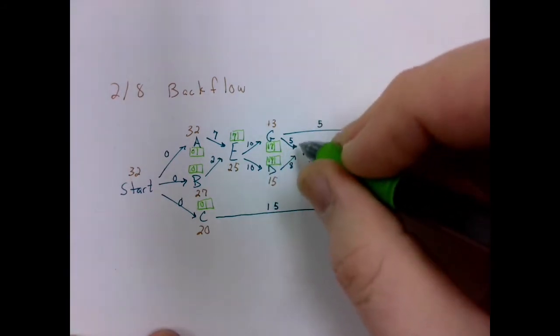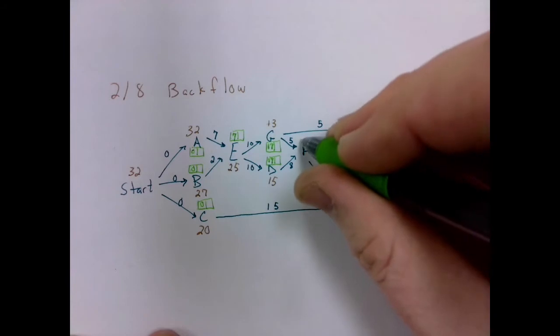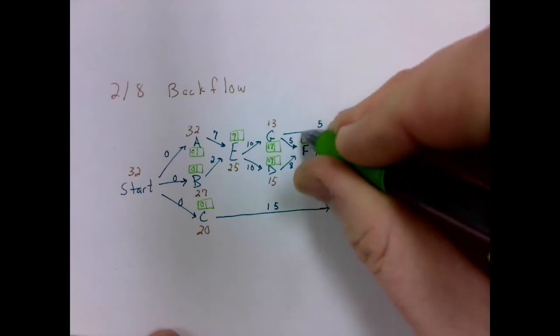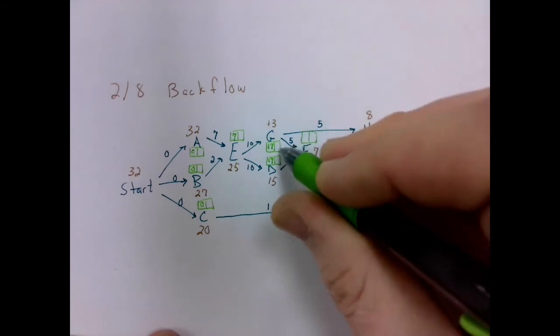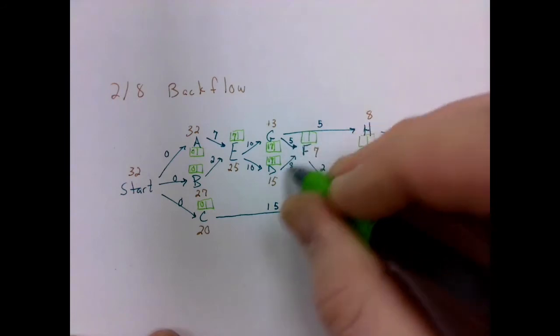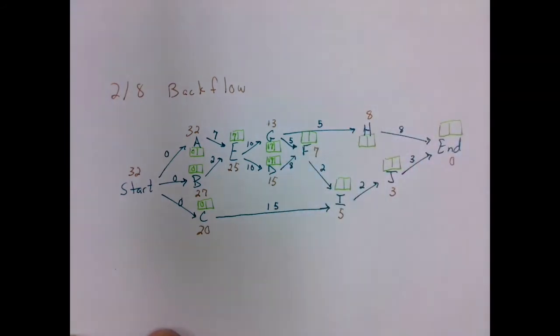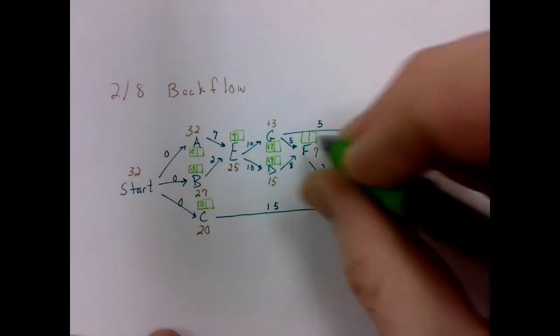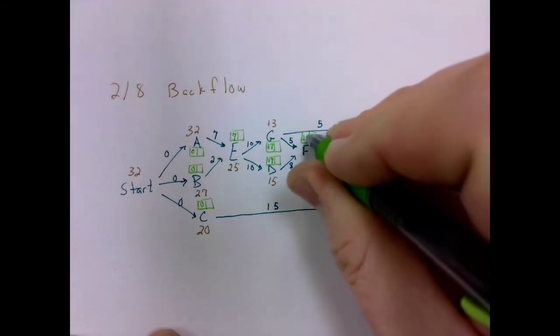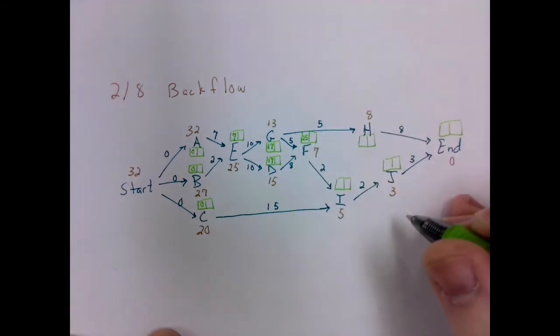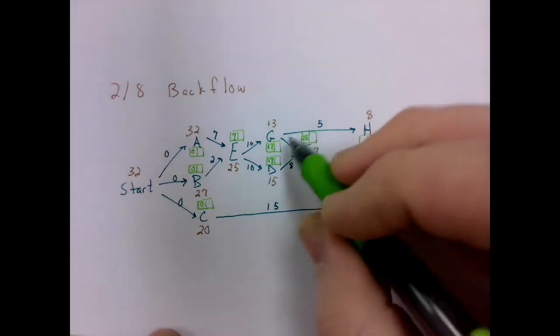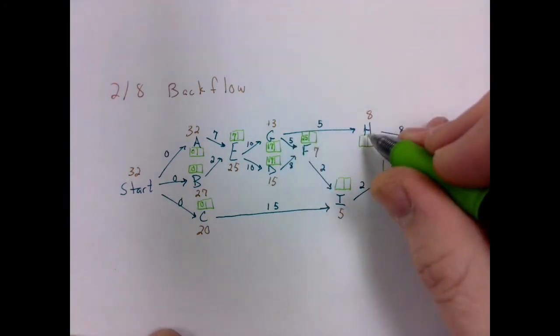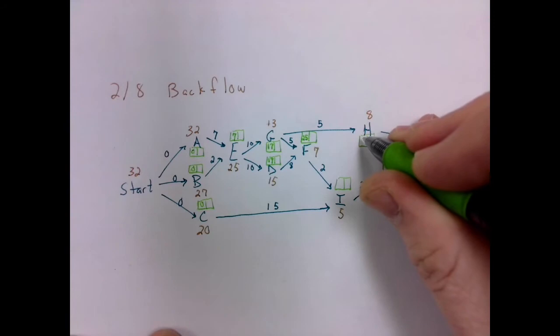Now here I've got an option at F, for which I forgot to draw the box. So here at F I've got 17 plus 5, which is 22, or 17 plus 8, which is 25. Again, I'm going to take the higher of the 2, so this is going to be 25. We also have 17 plus 5 here for this one, which makes this 22.